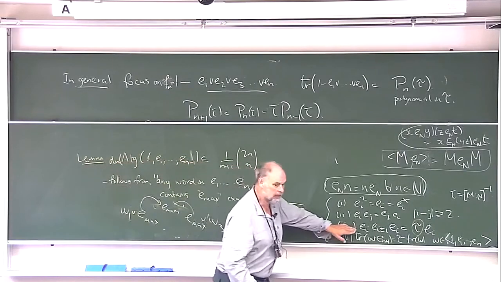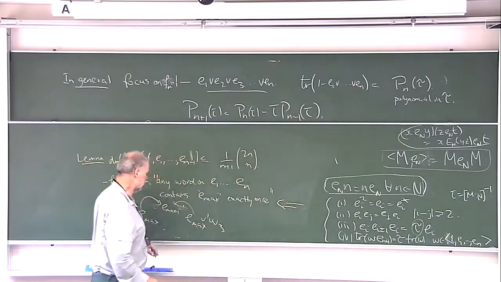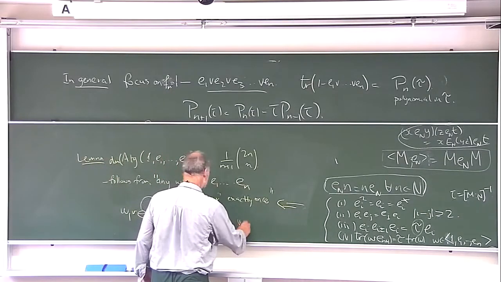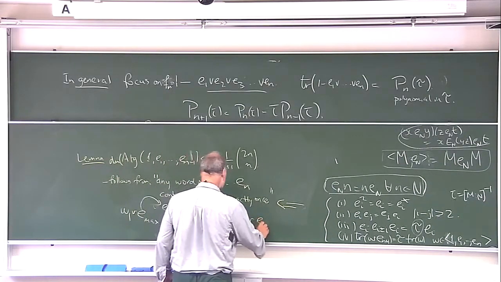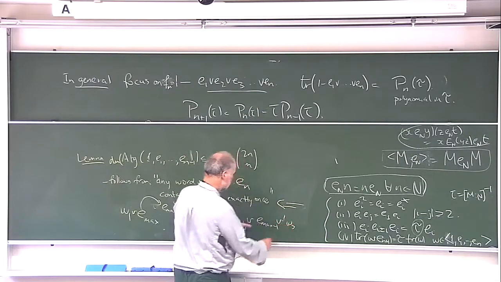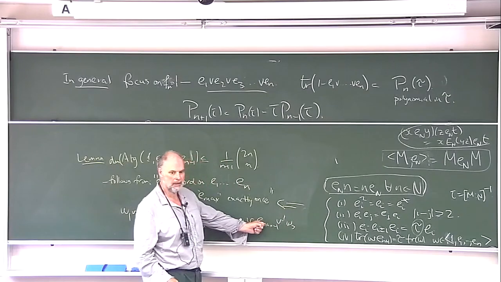By this relation, we get rid of that, and we get W1 Emax minus 1. So we've got rid of one of the occurrences of Emax.